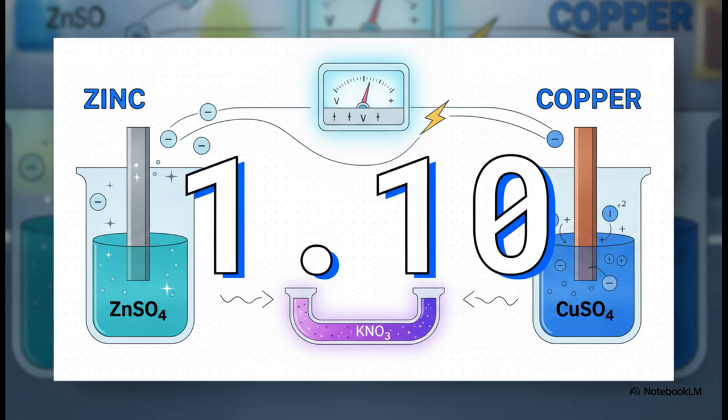So let's do it. When you reverse the negative zinc potential, it becomes positive 0.76 volts. Add that to copper's positive 0.34 volts, and you get exactly 1.10 volts. This is the total spontaneous energy of our classic zinc-copper battery. If you wire this whole shebang up perfectly under standard conditions, your voltmeter should read right around that 1.10 mark.